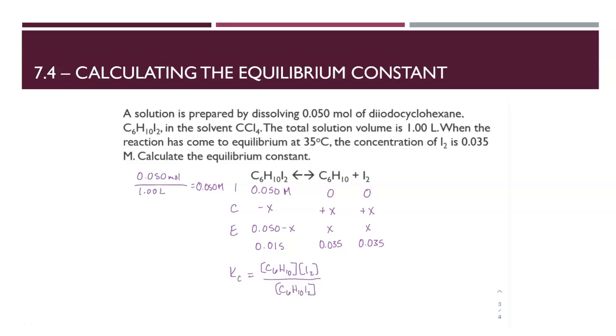And then we have our values at equilibrium, so we can just plug them in. So 0.035 times 0.035 divided by 0.015, and that gives us our Kc value of 0.082 as our equilibrium constant.